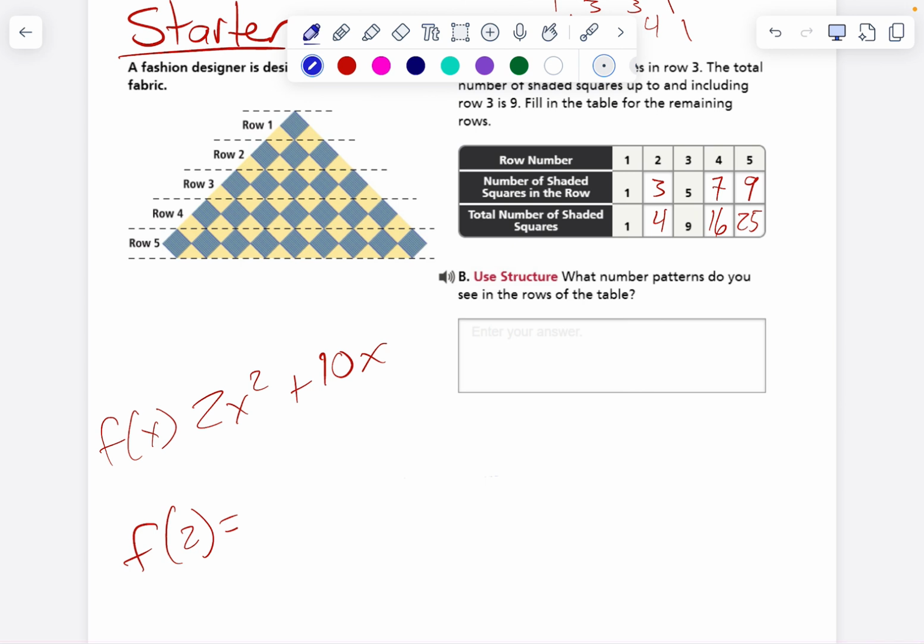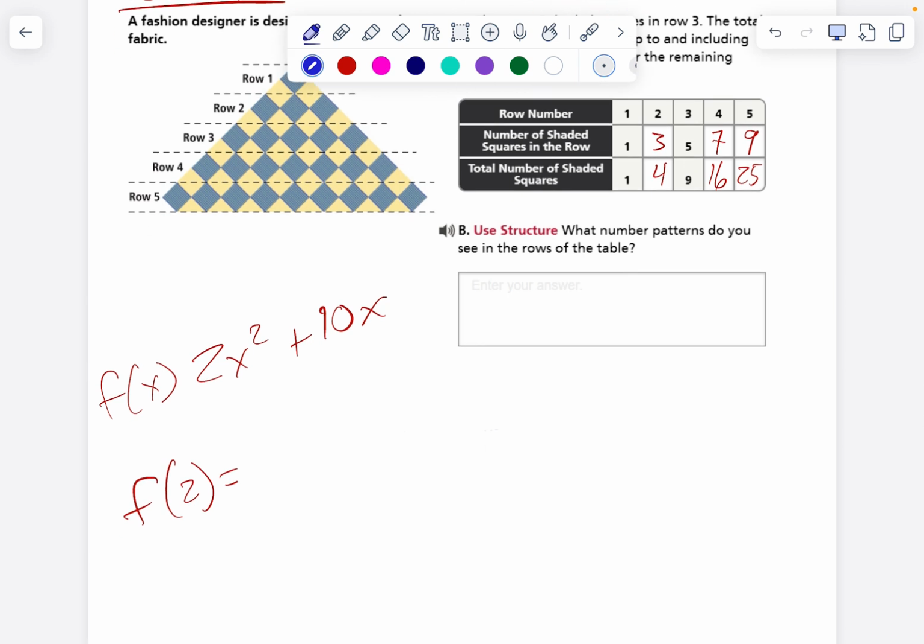Let's get everybody. What is f of 2? Okay, that's better. We're getting a few more. 5 or 6 now. Keep going. Okay. Tell me what you got.